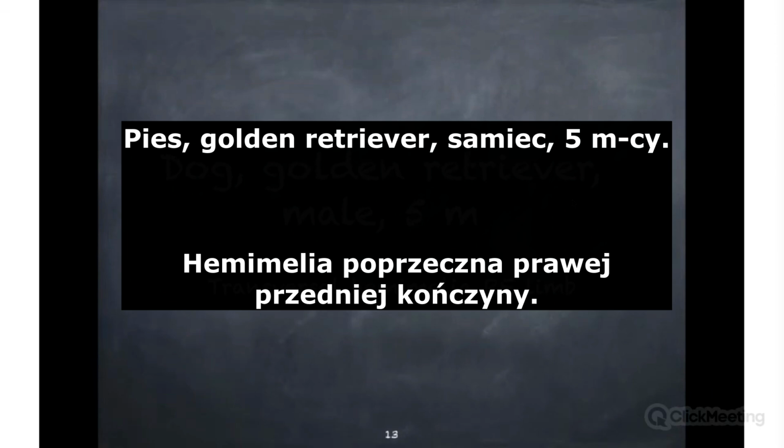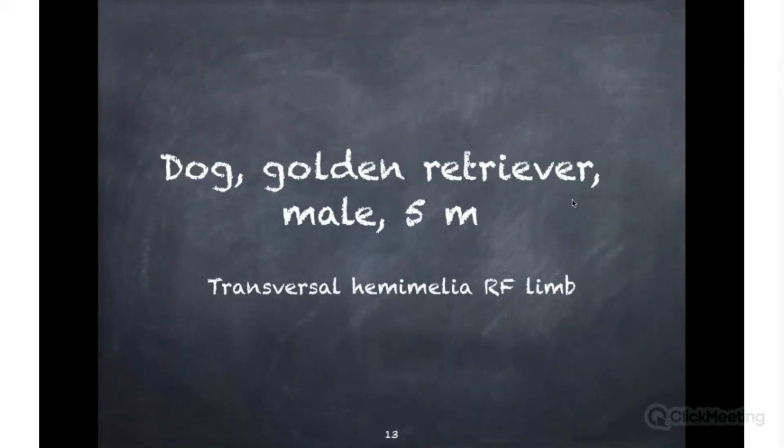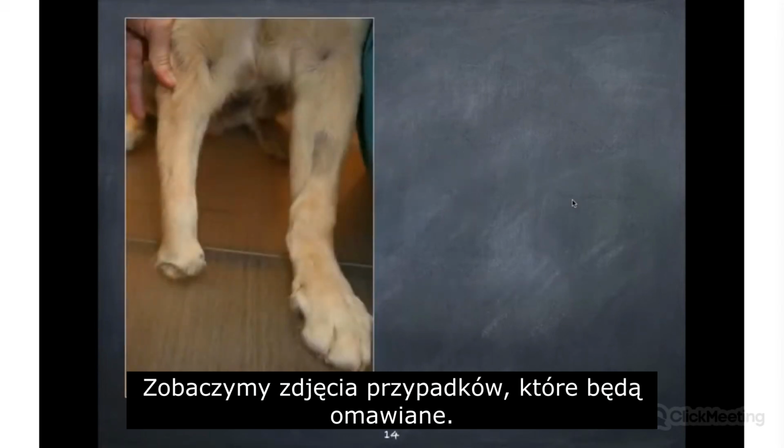So we start with this golden retriever, male, 5 months old, with transversal hemimelia. For those who don't know the definition, hemimelia is when some part of the skeleton is missing, okay? In this case, you will see the pictures of every case in order to realize what we're talking about.